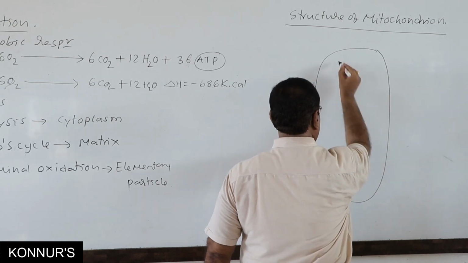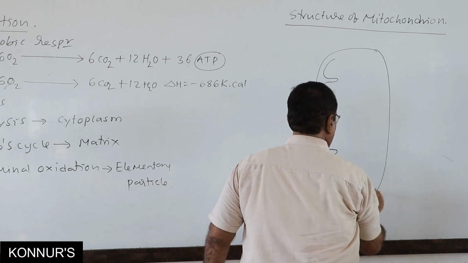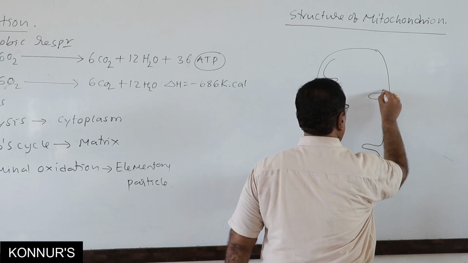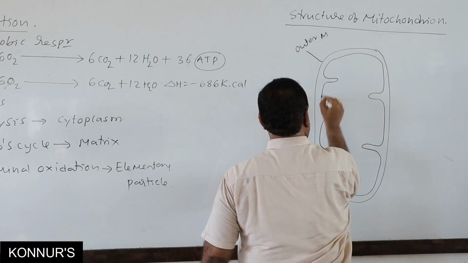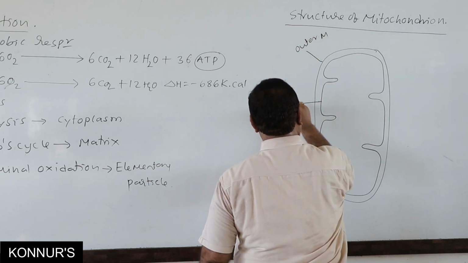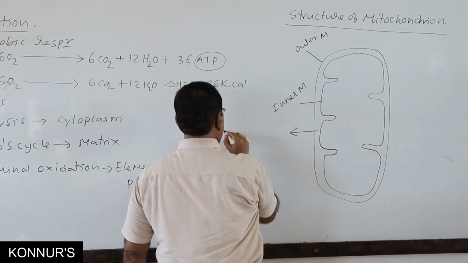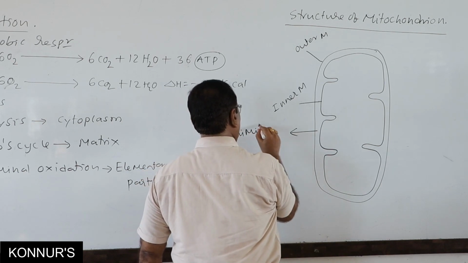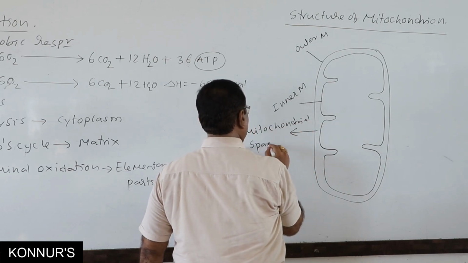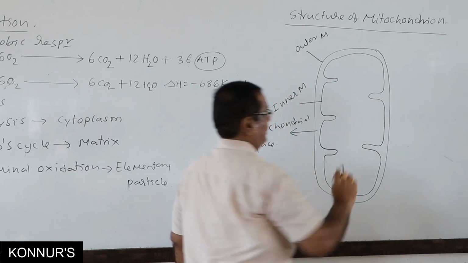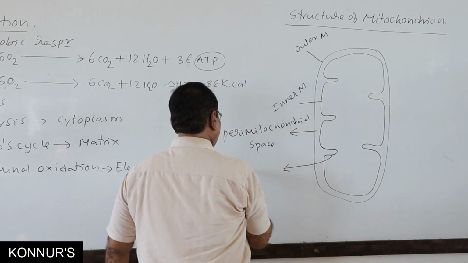The outer membrane is straight, but the inner membrane makes some inward foldings. This is the outer membrane and this is the inner membrane. In between them there is the perimitochondrial space, and the inner foldings of the inner membrane are named cristae.